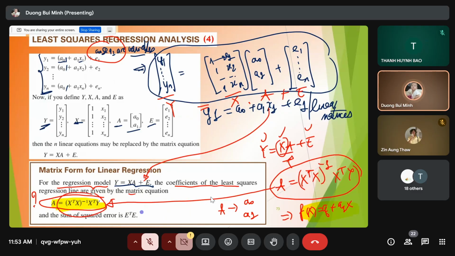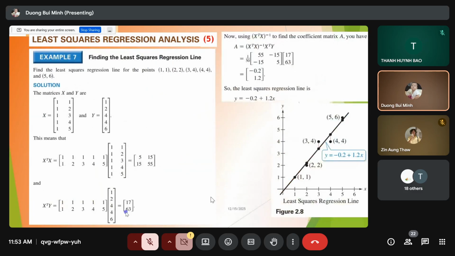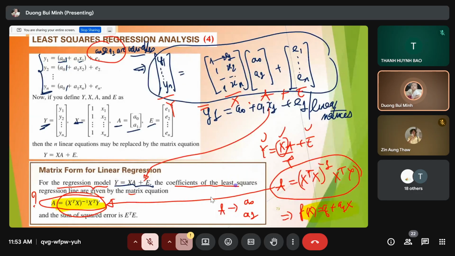How can you get this one? Next lectures I will tell you why. We calculate matrix a, we calculate variables a0 and a1. That is here: a is the inverse of x transpose times x, times x transpose times y.